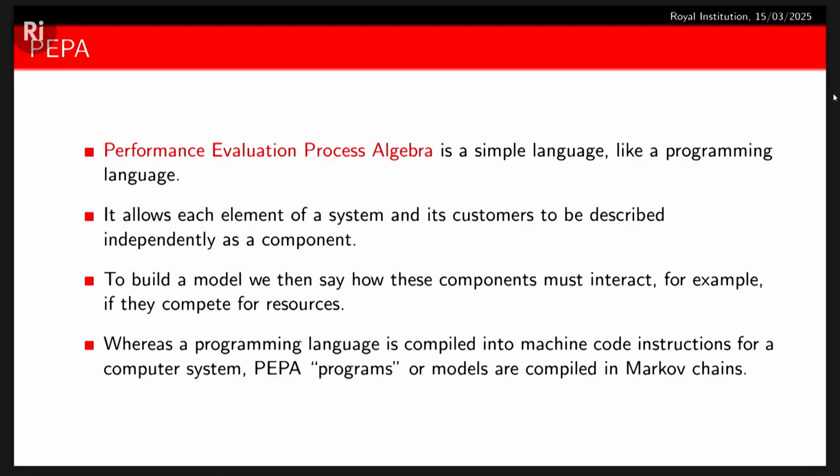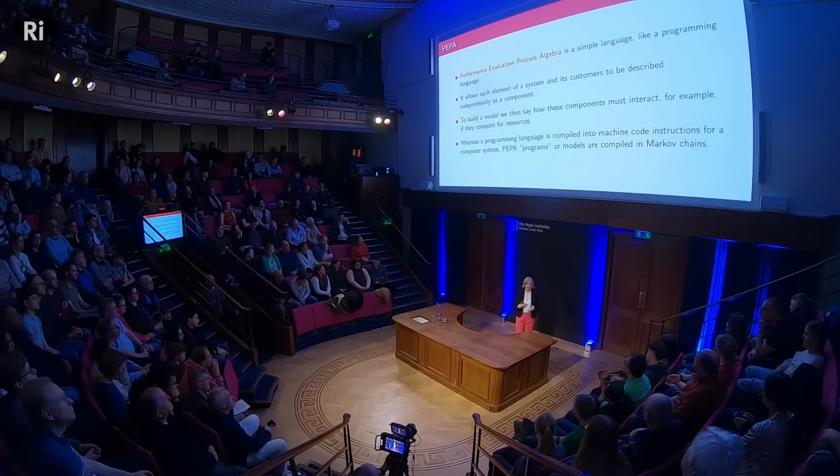So components within our system may be customers, they may be resources, and actually now more flexibly than we had with queuing networks, we can have processes that are sometimes resources for other customers, and sometimes customers themselves making requests to other resources. So we start to have a lot more flexibility in the type of things we have and how they interact. Okay? And as I've mentioned, we compile down to Markov chains.